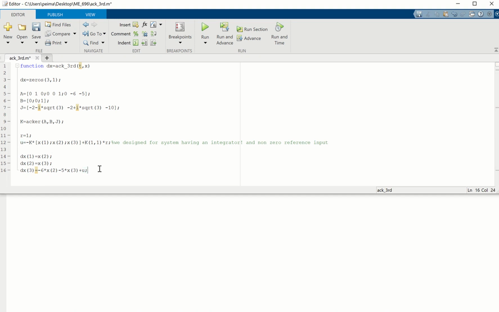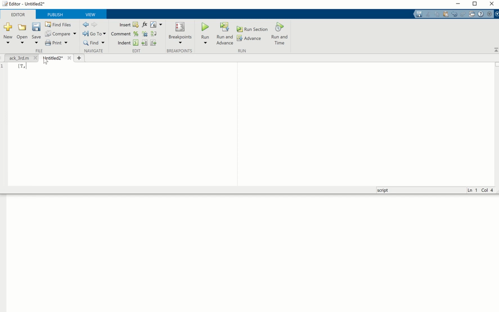Here we go. Understand? Now I have to solve this differential equation by applying the control input that we designed, to see how it works. So it's going to be t and y output. Going to be again ODE45 at the Ackermann third order file, go and call it, between 0 and 0.1 to 10 seconds. Third order system, you have to have 3 state initial conditions, 0, 0 and 0.